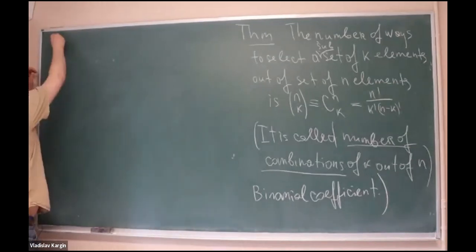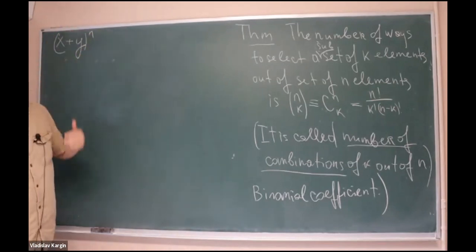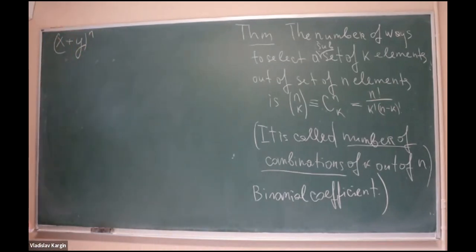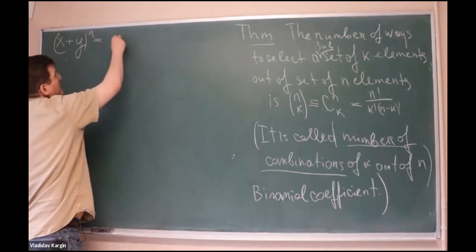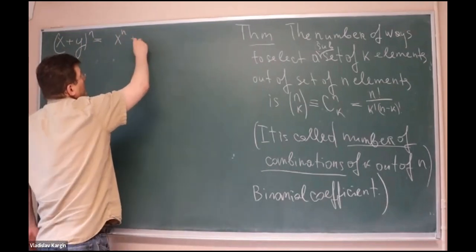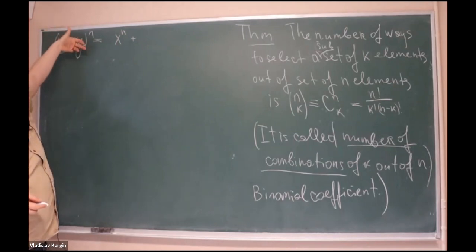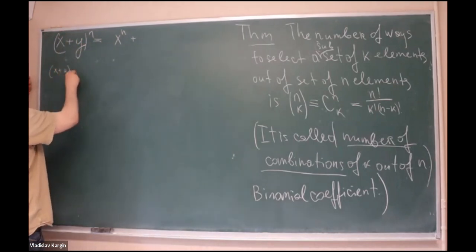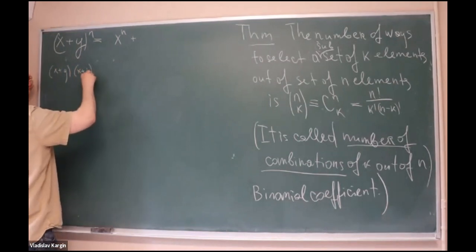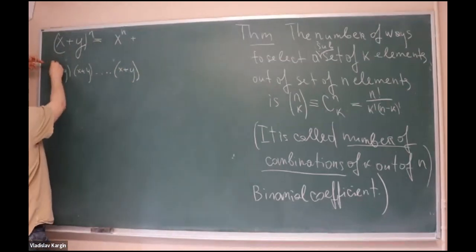if you look at the binomial formula, it just says how to expand this expression (x plus y) to the power of n, and it will give you x^n, and after that it will be plus, and if you really expand, it will be x to the power of n minus 1 and y. You have x plus y, and so on, x plus y, n times.